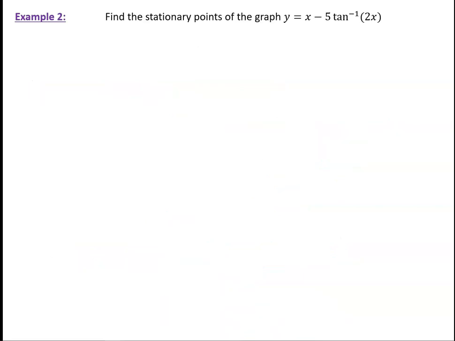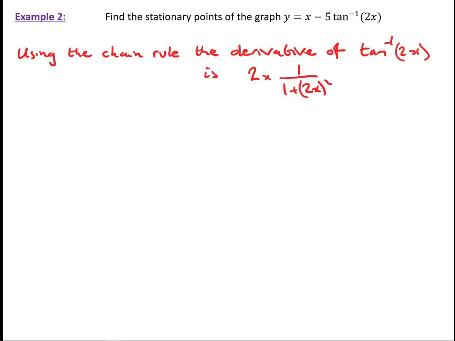Moving on to a second example, we want to find the stationary points on the graph of y equals x minus 5 tan to the minus 1 of 2x. So we need to differentiate, and if we use the chain rule to differentiate tan to the minus 1 of 2x, we obtain the derivative as being 2 times 1 over 1 plus 2x squared.